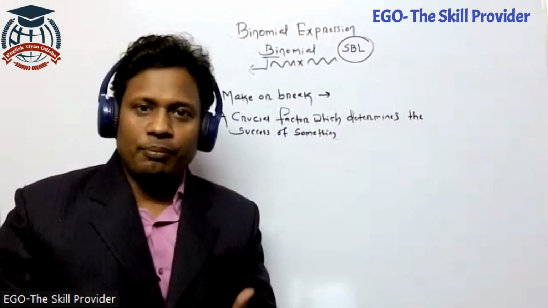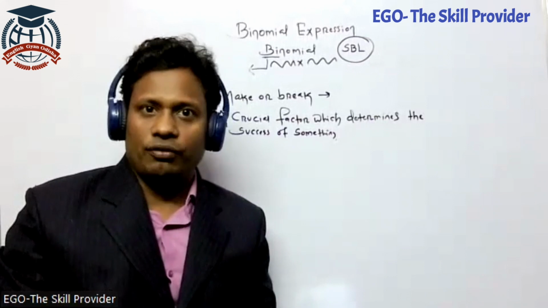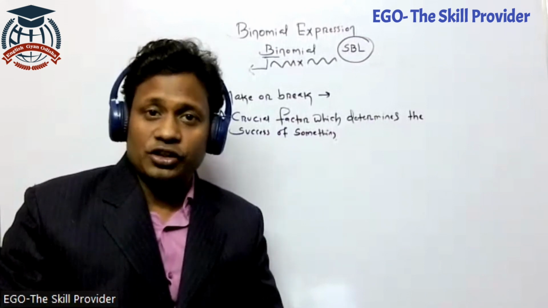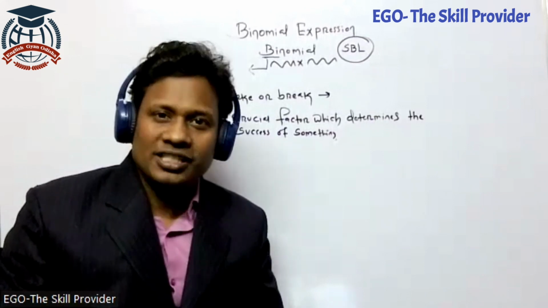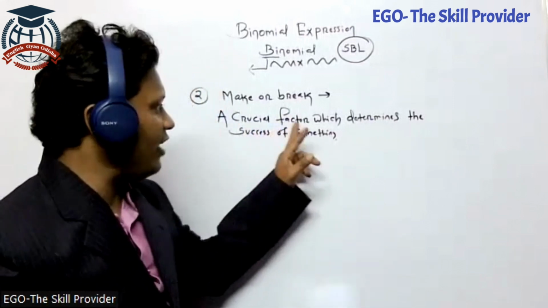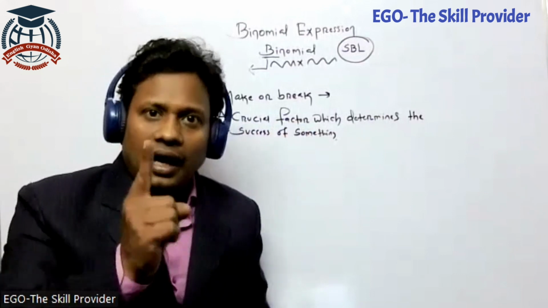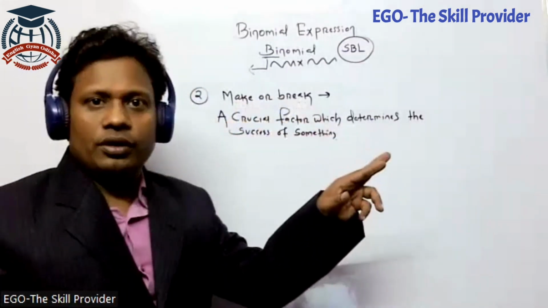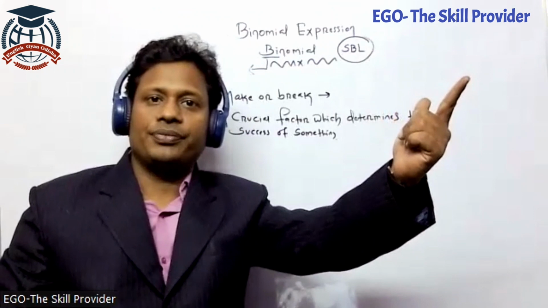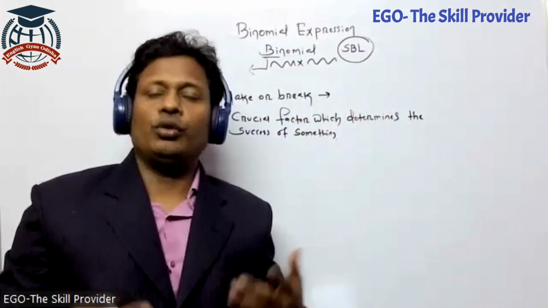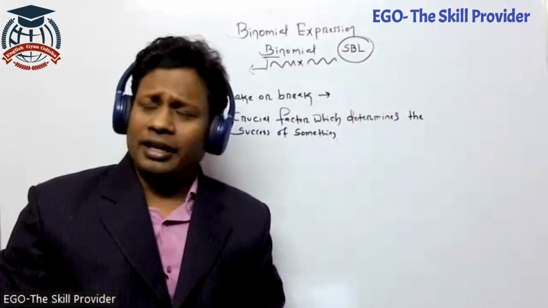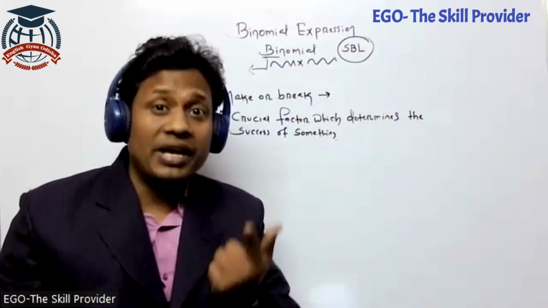Suppose you are an employee dealing with a lot of clients. If you don't have the communication skill, you are not going to be successful. That is a crucial factor. Suppose I say hard labor will make or break you. If you want to be successful in your life, you need to labor hard. So that is something called make or break.